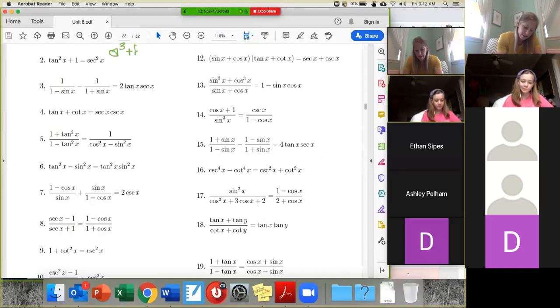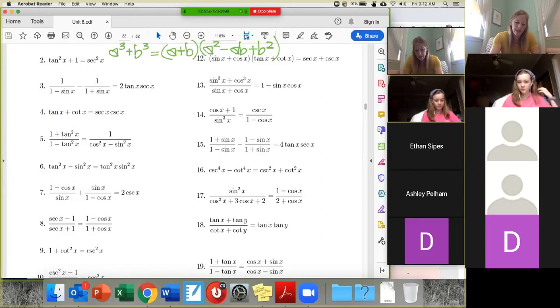This is your formula for this. So that's your sum of cubes formula. To do a difference of cubes, you just switch these two signs. The first one becomes a minus and the second one becomes a plus.